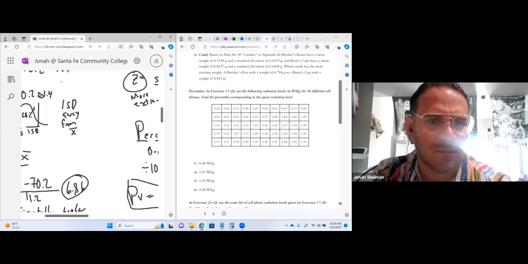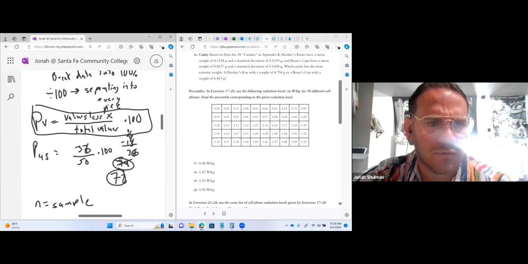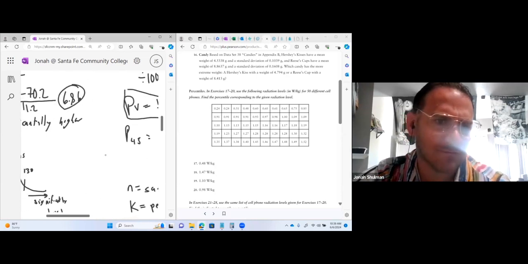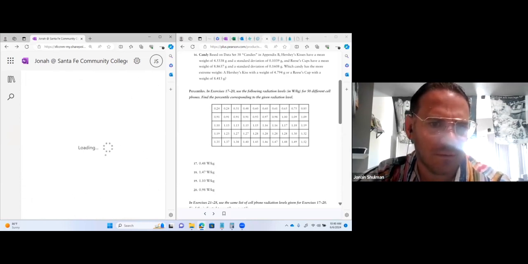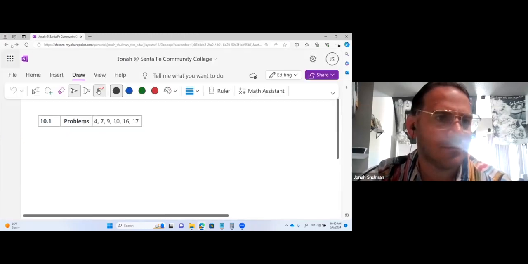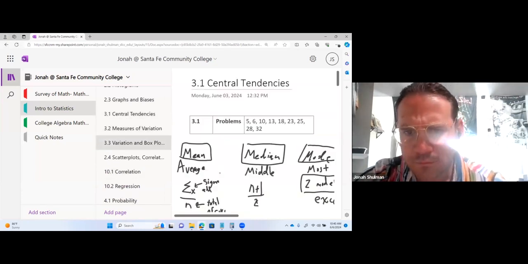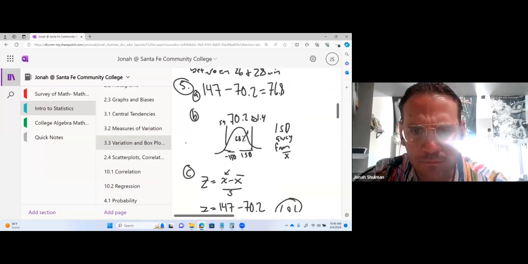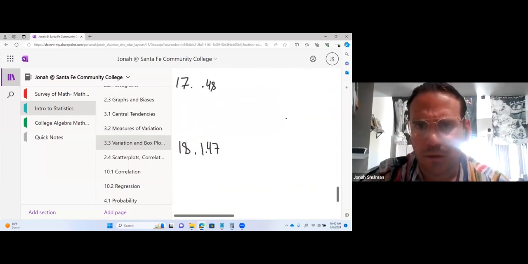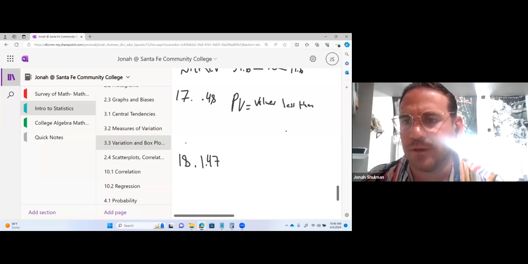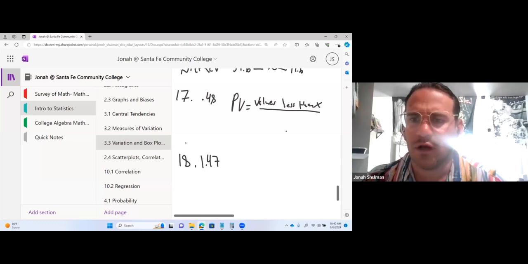So we can go back to the top, right? The PV, percentile value, is the number of values less than X over the total values times 100.